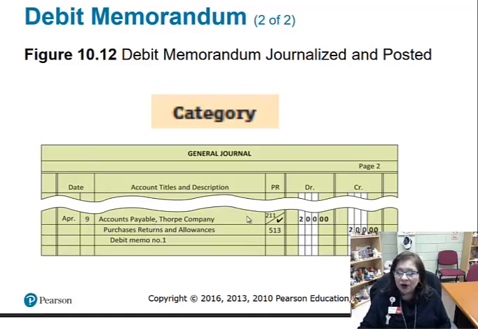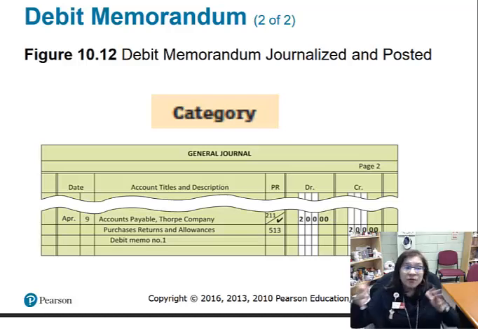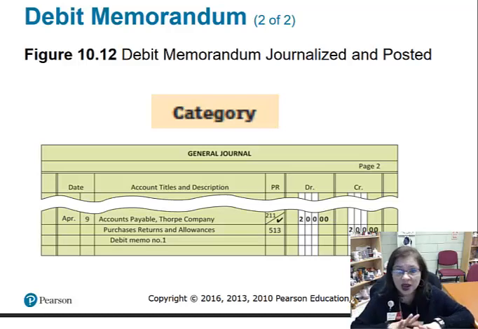So we show where we're asking for a debit to accounts payable and a credit to the returns and allowances based off of debit memo number 1, decreasing the amount of money that we owe the Thorpe Company, and showing where that money went with purchases and allowances, to say yes, we had defective rims, we returned them, and they're not in our inventory anymore.